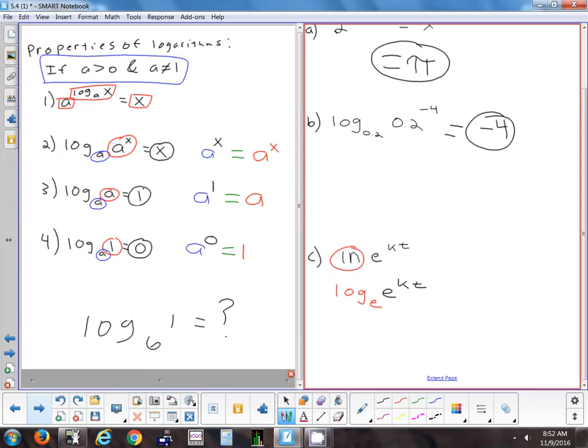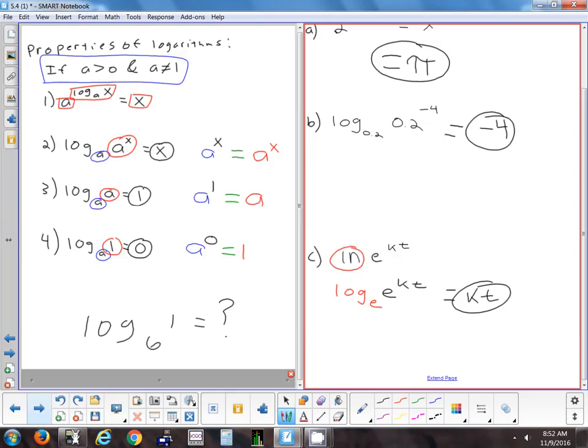So you have a log where the base on the log and the base on the argument match. So what would be the answer of the ln of e to the kt? Yeah, kt, whatever k times t is. We don't know what that is, but that's what it would be.